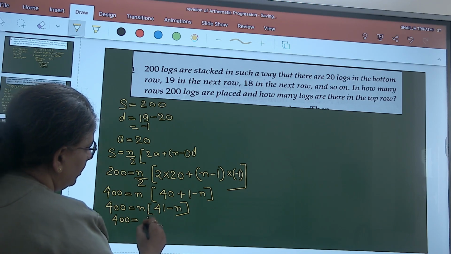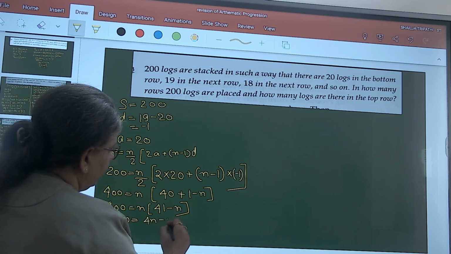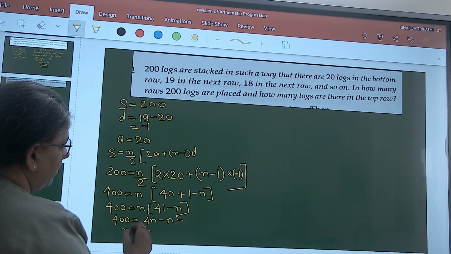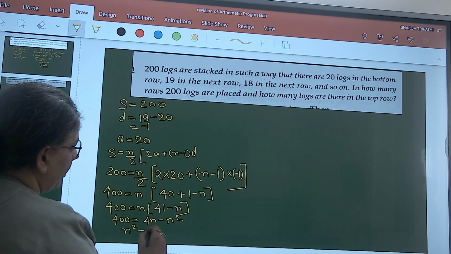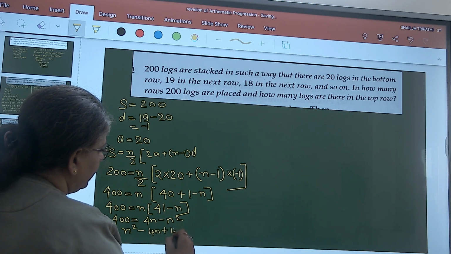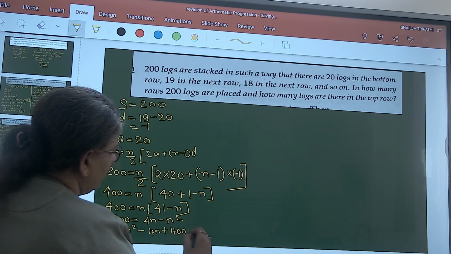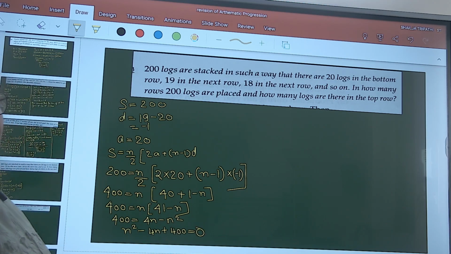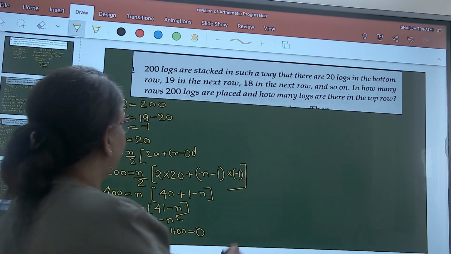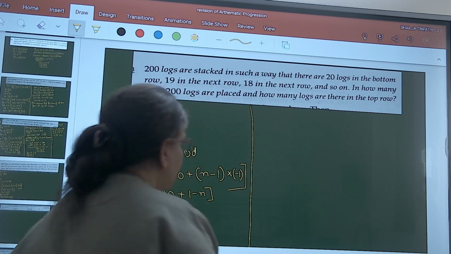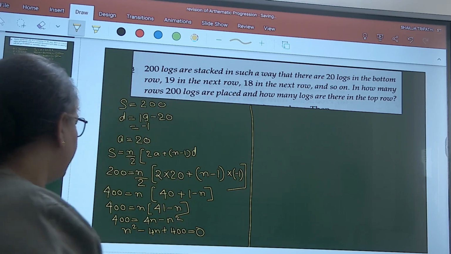See, 4n minus n square. Now it is rearranged as n square minus 4n plus 400 is equal to 0. So now we'll solve this quadratic equation and find the value of n, that is number of rows in which the logs are arranged.